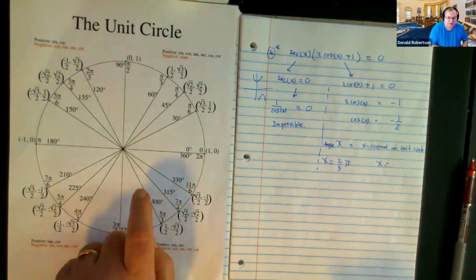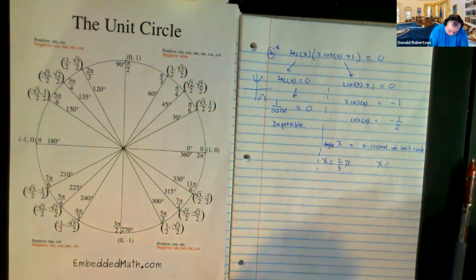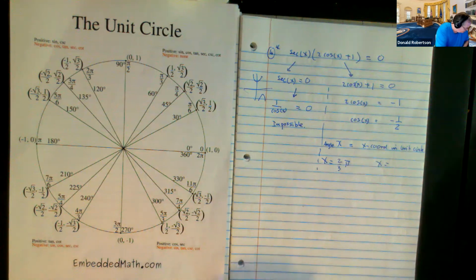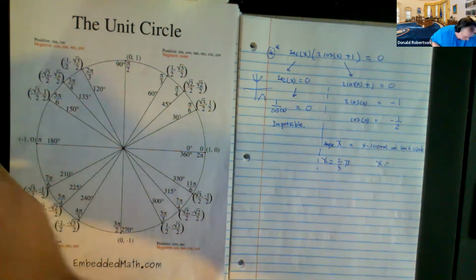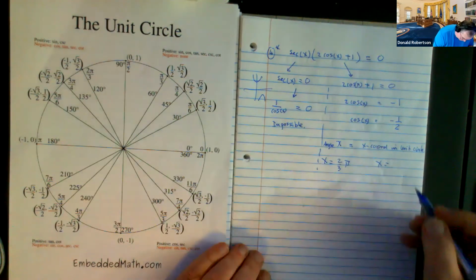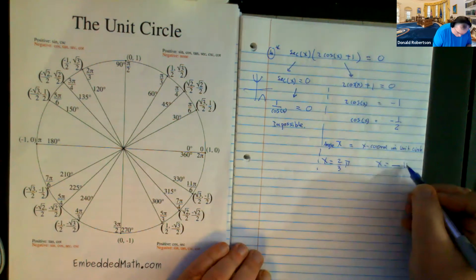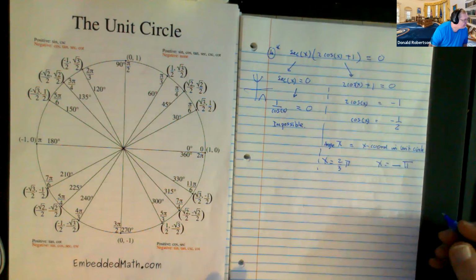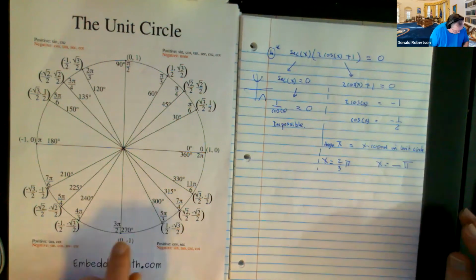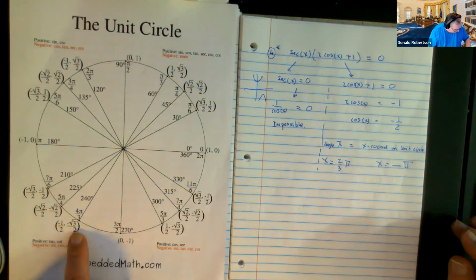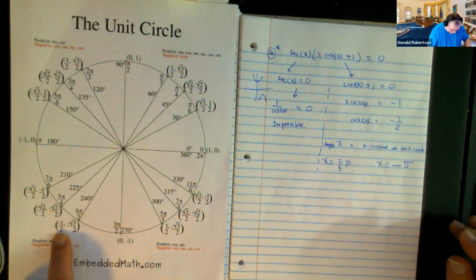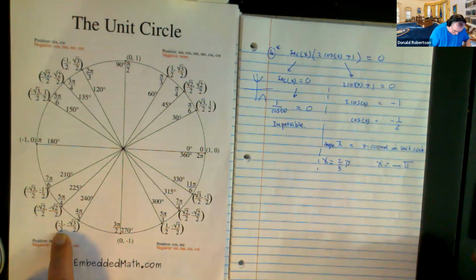It's over here somewhere. You see it? 4/3 pi, right? An x coordinate of -1/2.